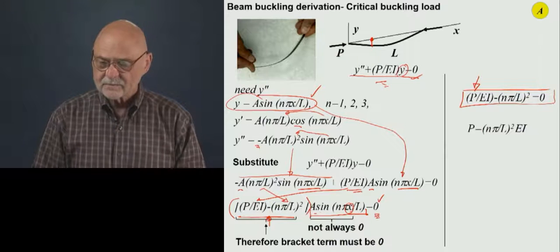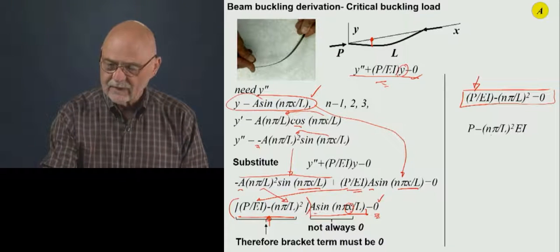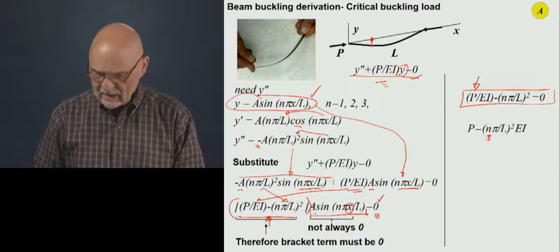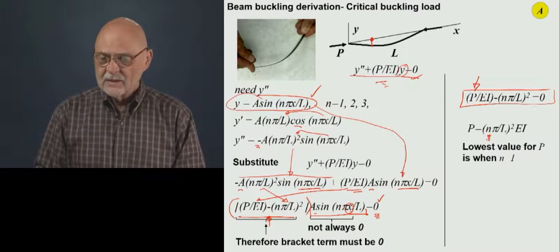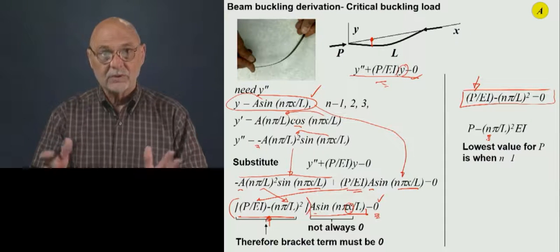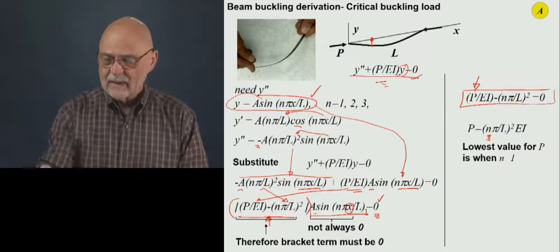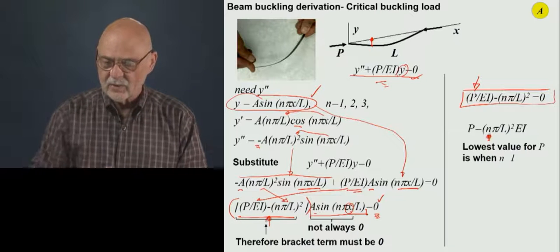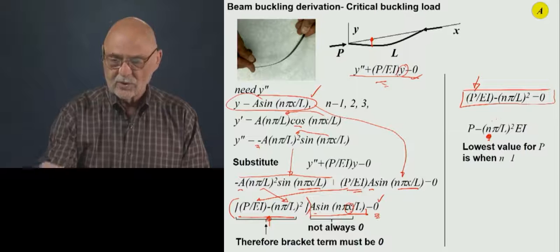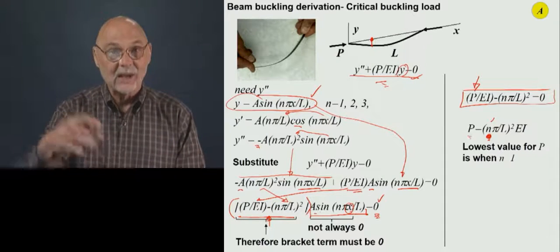So here it is. It's a function of n. Remember, n is the number of half sine waves in the deformed shape. What we're always interested in is the lowest value of P that will first cause this beam to buckle, and that would be for n equal to 1. n can be 1, 2, 3. As we go to 2 and 3 and 4, P goes higher and higher.